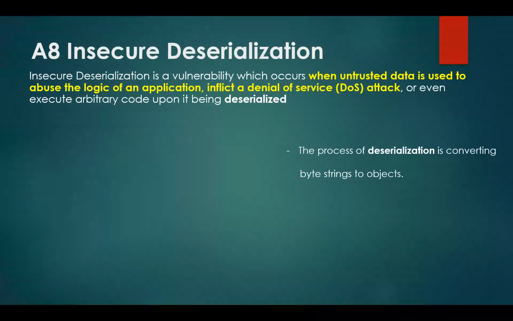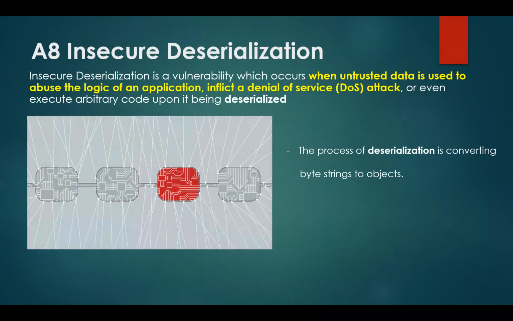This process of deserialization is converting byte strings to objects. As you can see on the map, we have serialization of the web traffic, and some sections have a problem, so they are turned red. This is our own symbolic expression.